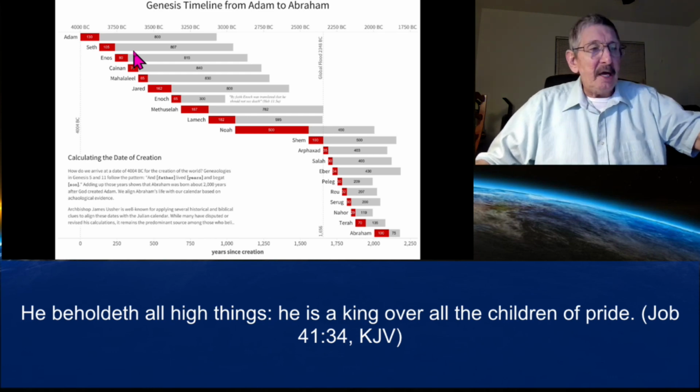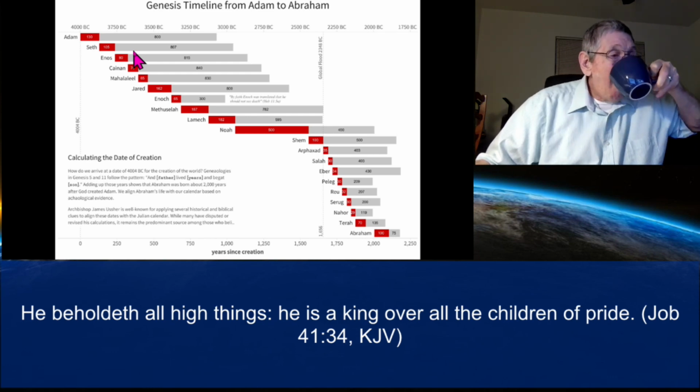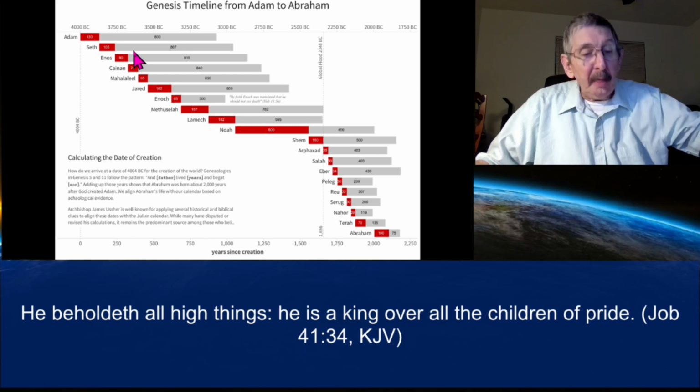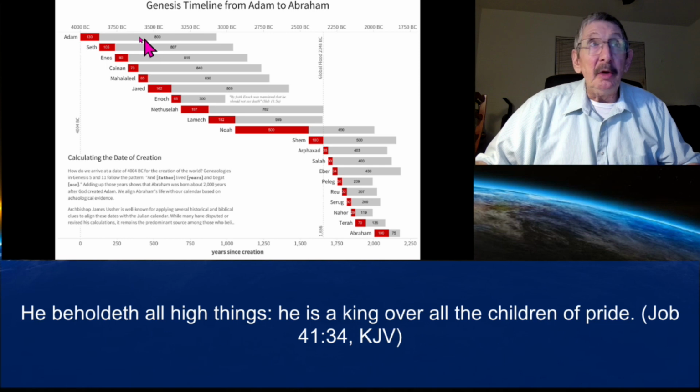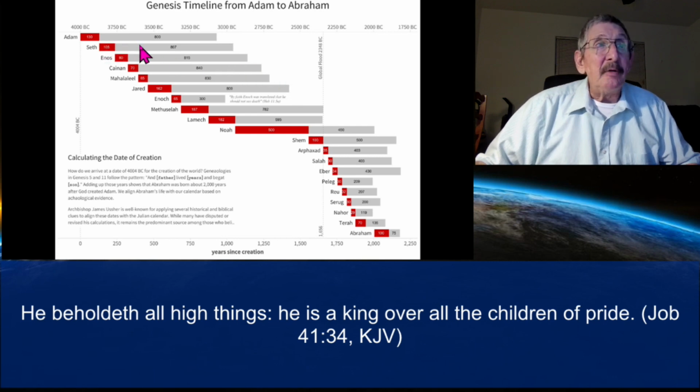So let's say that the lifespan of a dinosaur during this same time frame, before the flood, this is all before the flood, that dinosaurs were living then, and they were able to live even as much as 500 or 600 years. Remember, I just mentioned that a crocodile's average lifespan is 50 to 75 years.